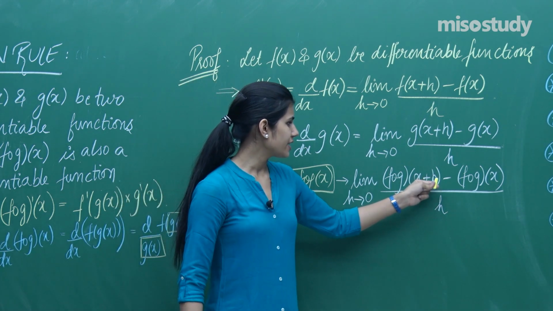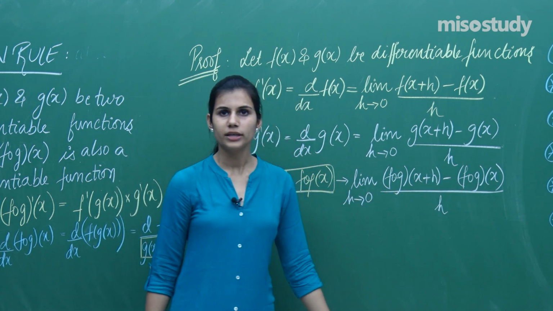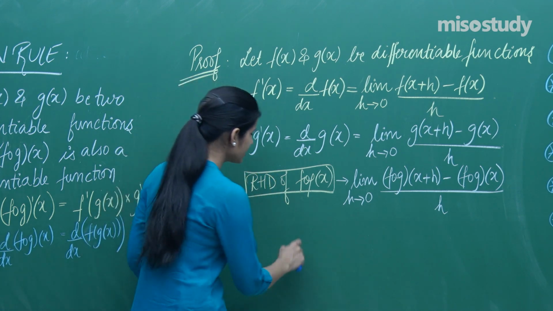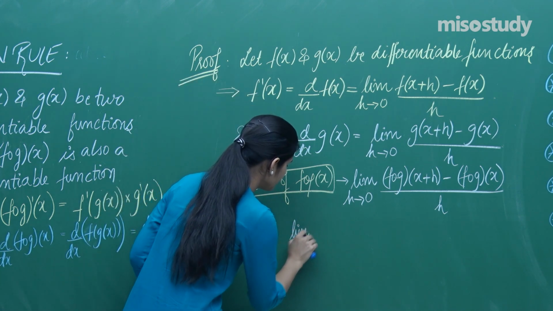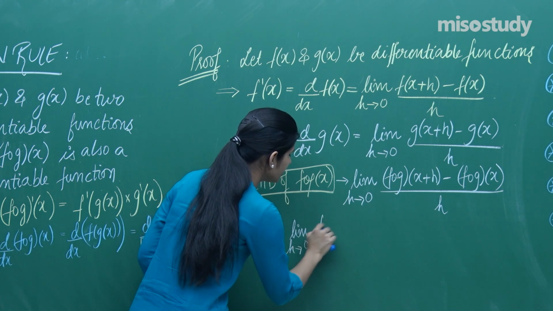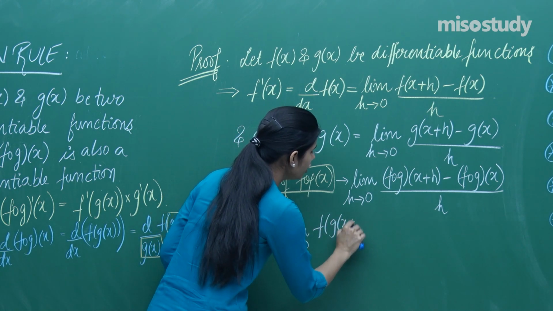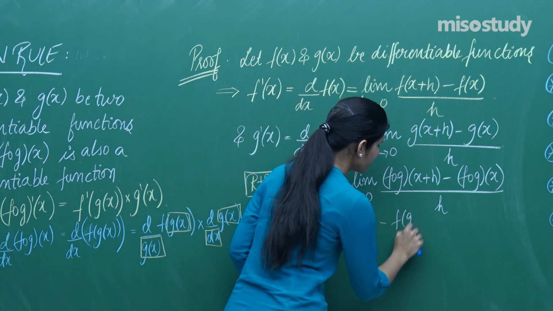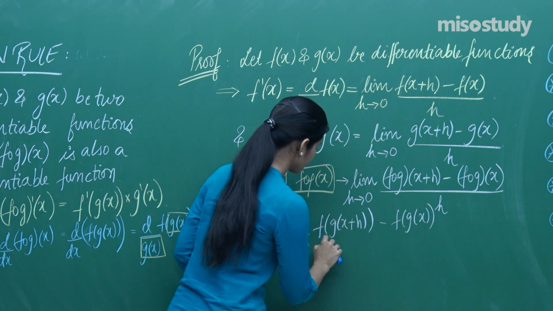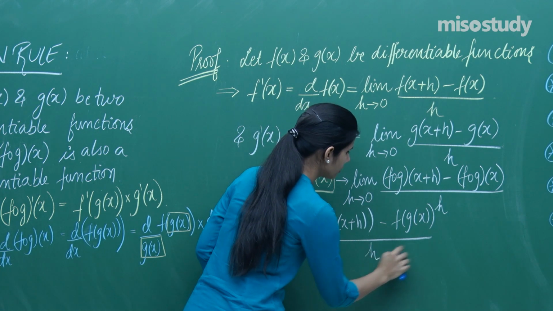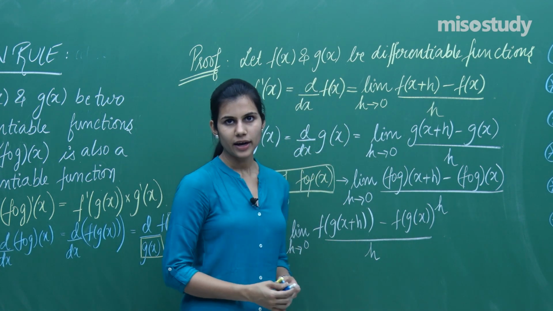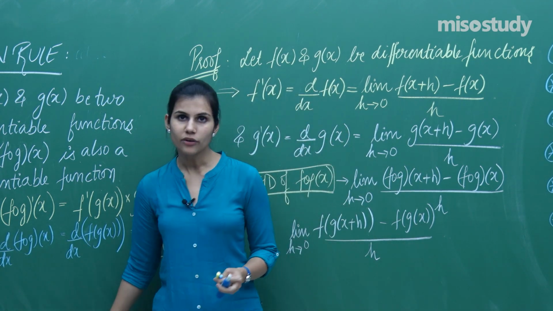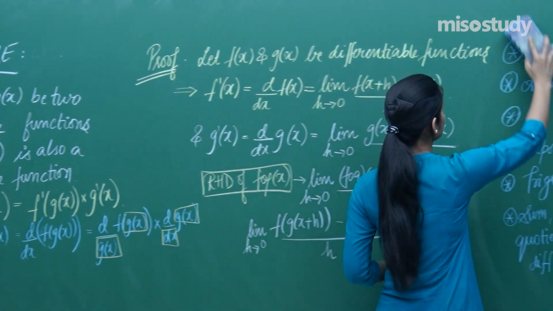This is limit h tends to 0, f of g of x plus h minus f of g of x whole upon h. Fine. What am I going to do now in order to manipulate this expression?